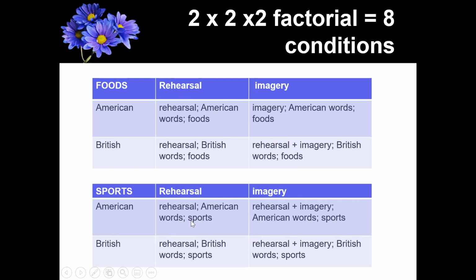So rehearsal for American words, sports, imagery, again, ignore this little typo here. Imagery for American words and sports, imagery for British words and sports, and then rehearsal for British words and sports. Okay? And there's our 8 conditions. 8 different combinations of our different independent variables, or levels, I guess you could say.